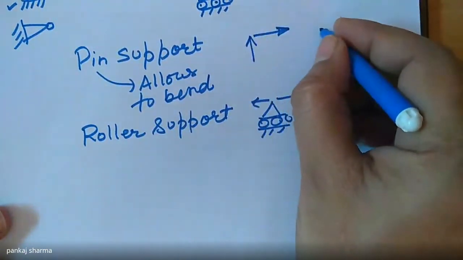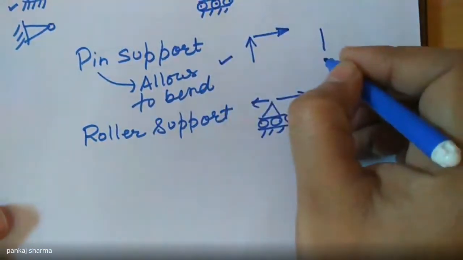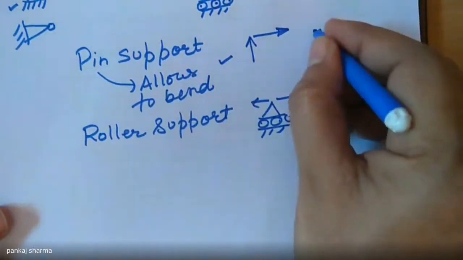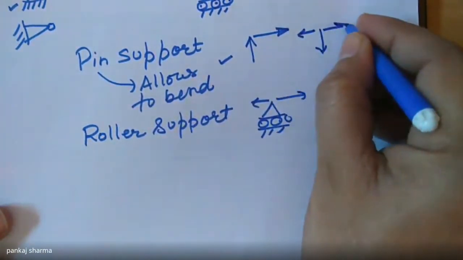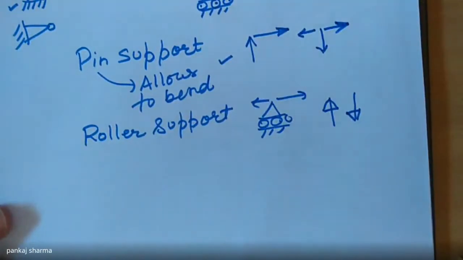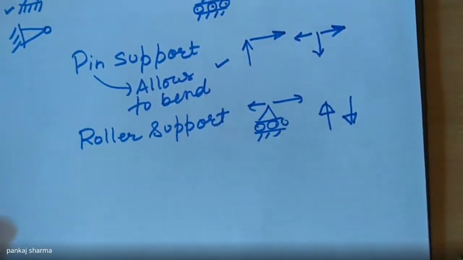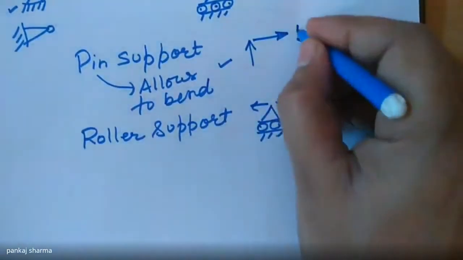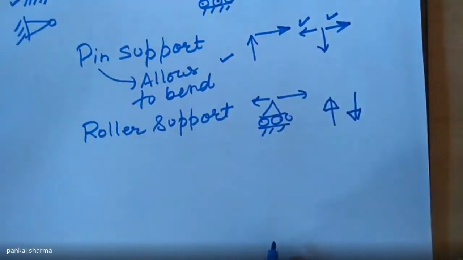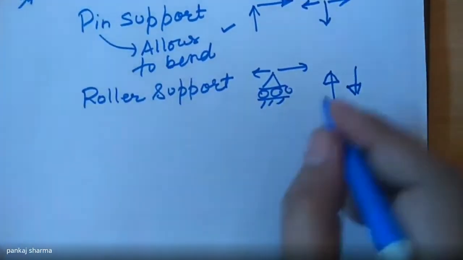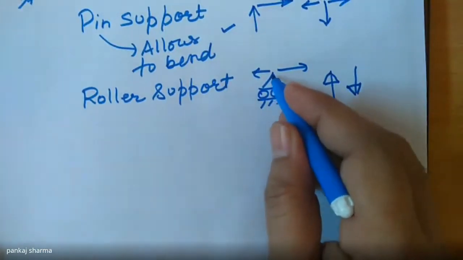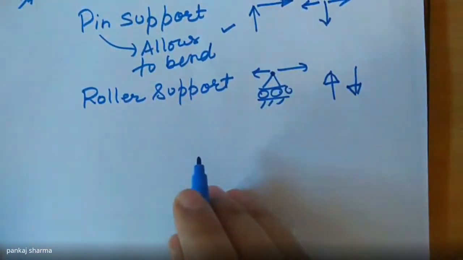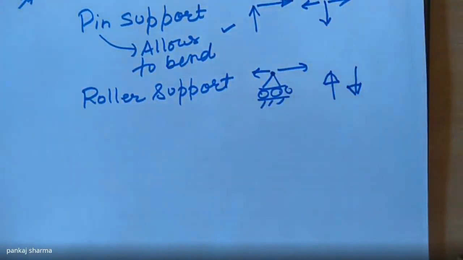There may be a vertically upward or vertically downward reaction, or a reaction along the x-axis, depending on the type of problem. And the roller support allows rotation, so there will be no moment reaction.